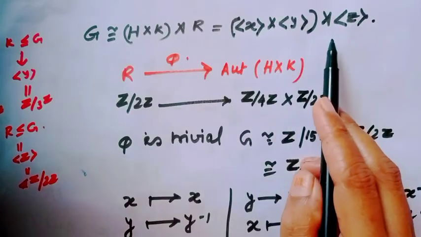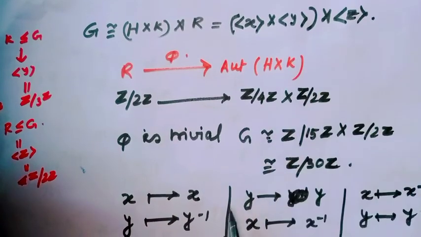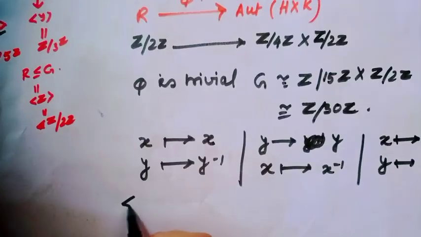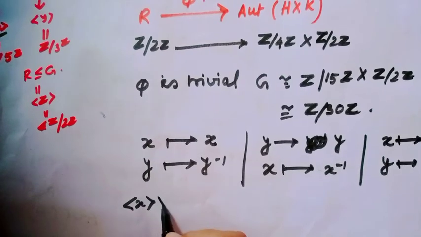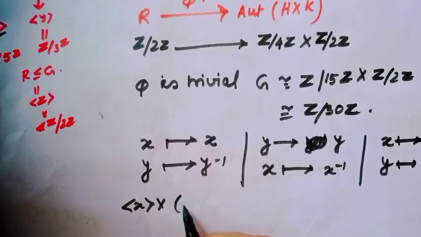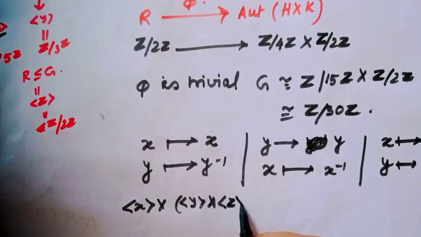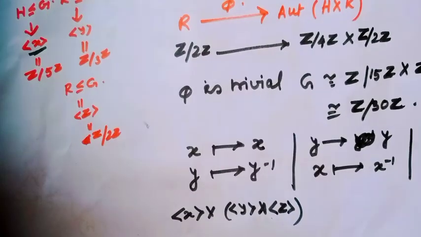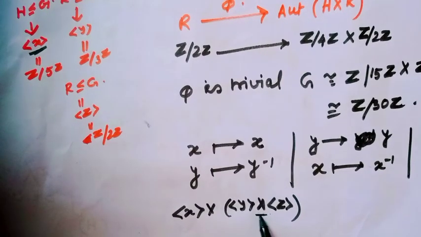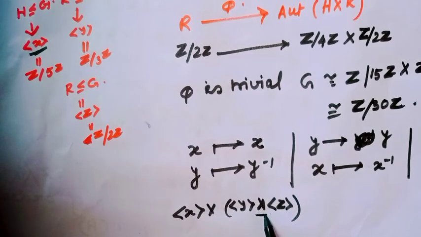So it is the cyclic subgroup generated by X direct product the cyclic subgroup generated by Y semi-direct product the cyclic subgroup generated by Z. And here notice the semi-direct product: that means there exists a non-trivial homomorphism from Y to Z.